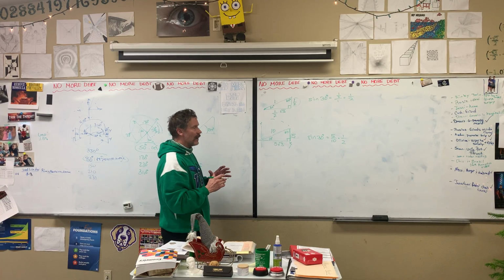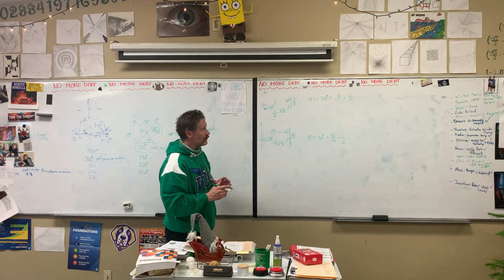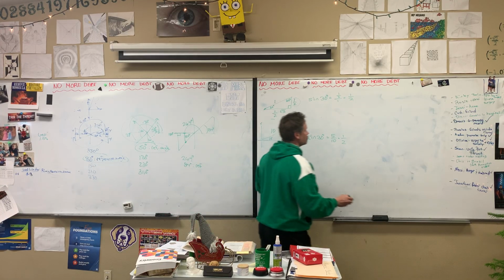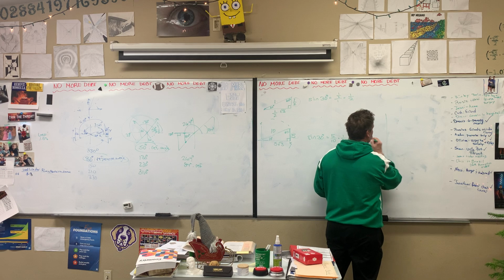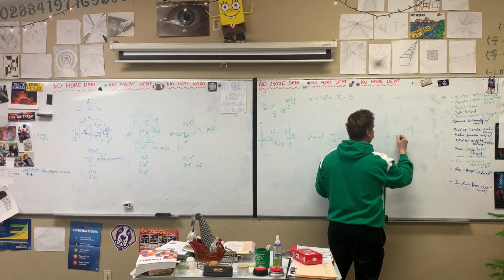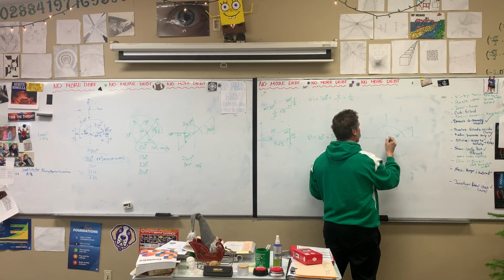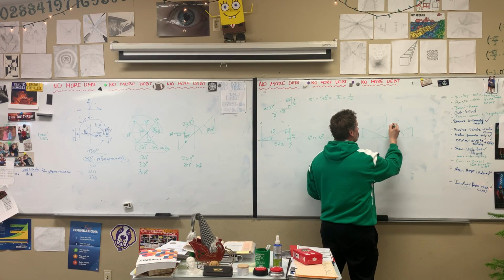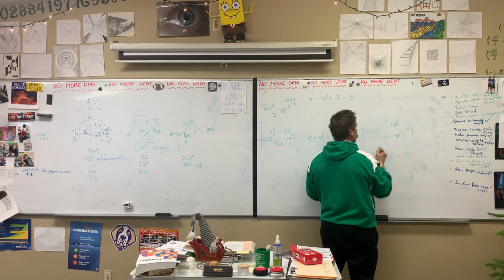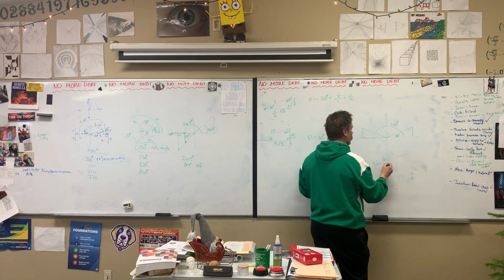So if we know the sine of 30 is 1/2, let's think about this. Right here, at 30 degrees, the sine is 1/2. Now, what is the sine of 150 degrees?